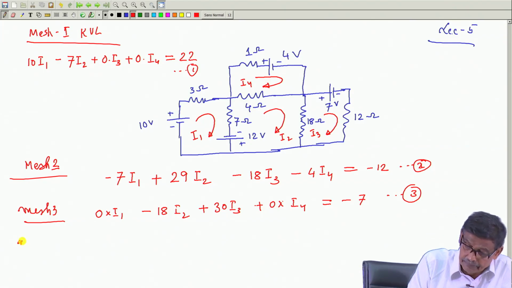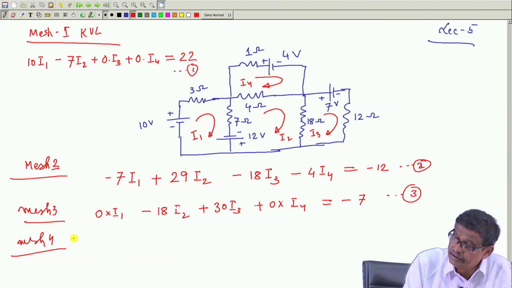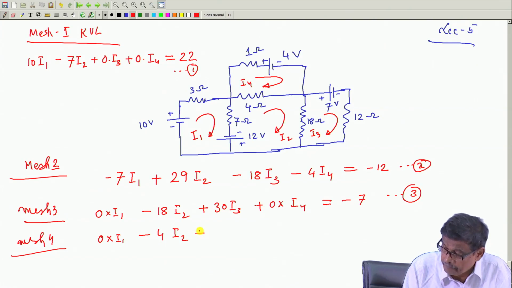And finally, mesh 4, very quickly let me write. Coefficient of I 1 in mesh 4, 0. Coefficient of I 2 in mesh 4, yes, there will be, because there is a common resistance, minus 4 I 2. Coefficient of I 3 in mesh 4, 0.